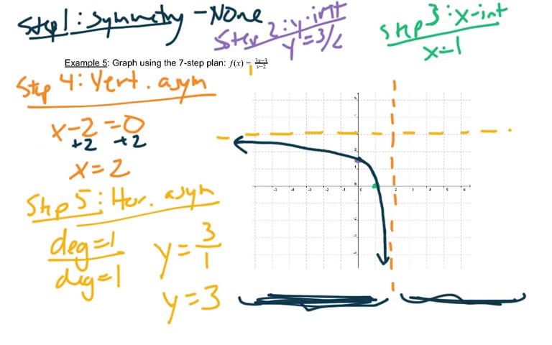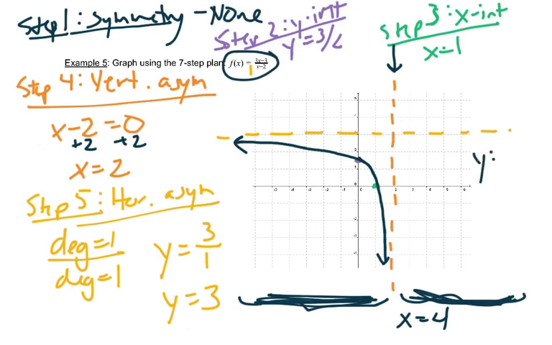And the way we do that is by plotting points. We need a point, at least one point on this side of that vertical asymptote. So you can choose anything we want. So let's say I choose x equals 4. You can choose other x's if you want. I'm going to stick that back up into this original problem.